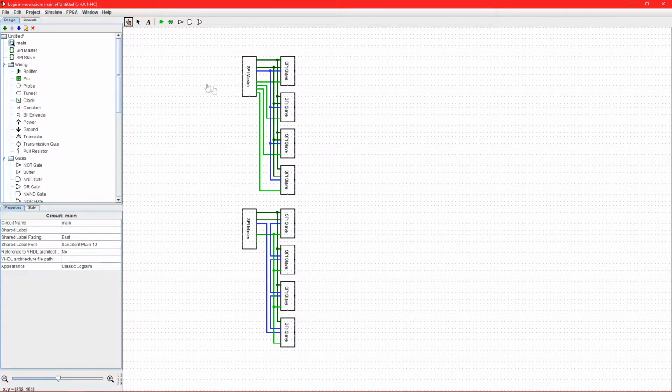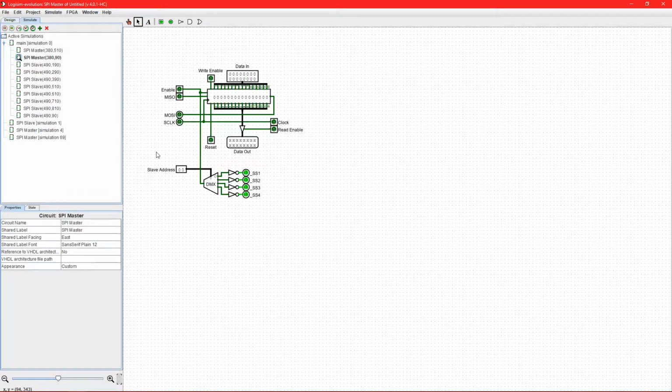Now let's take a look at the SPI master, of which there can only be one on the bus at a time. So we have a number of signals. We have 3 signals here, one for input into a shift register, the other 2 for outputs, and then we have 4 more signals here, one for each supported slave device.